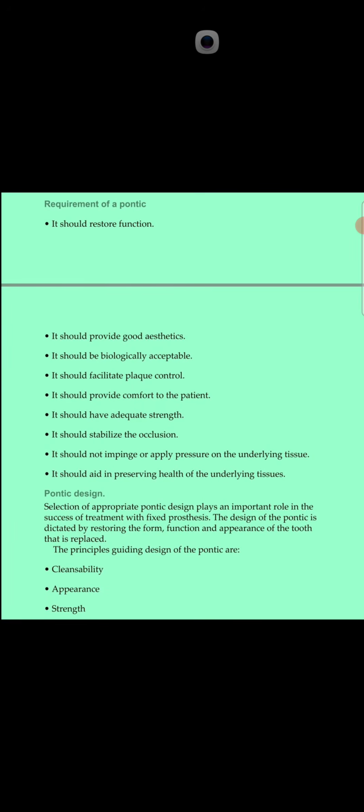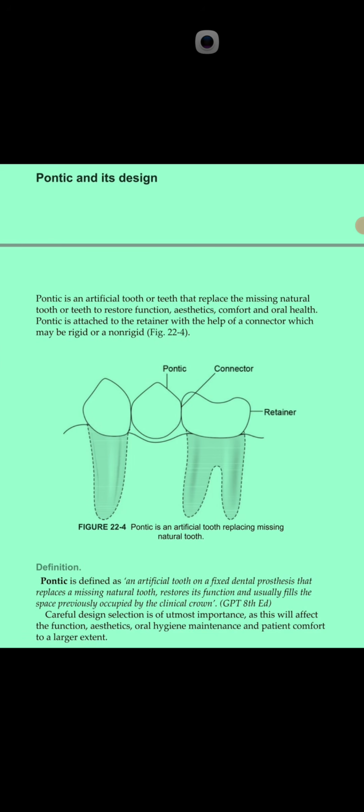Now come to the factors affecting Pontic design. When we select the Pontic design, which factors affect it? First is the tissue contact, because Pontic will contact the oral mucosa.